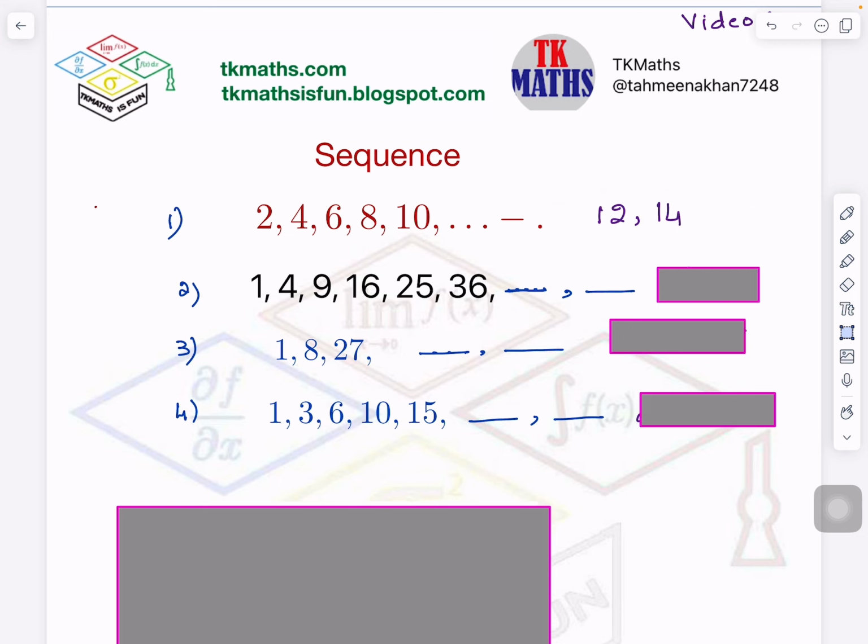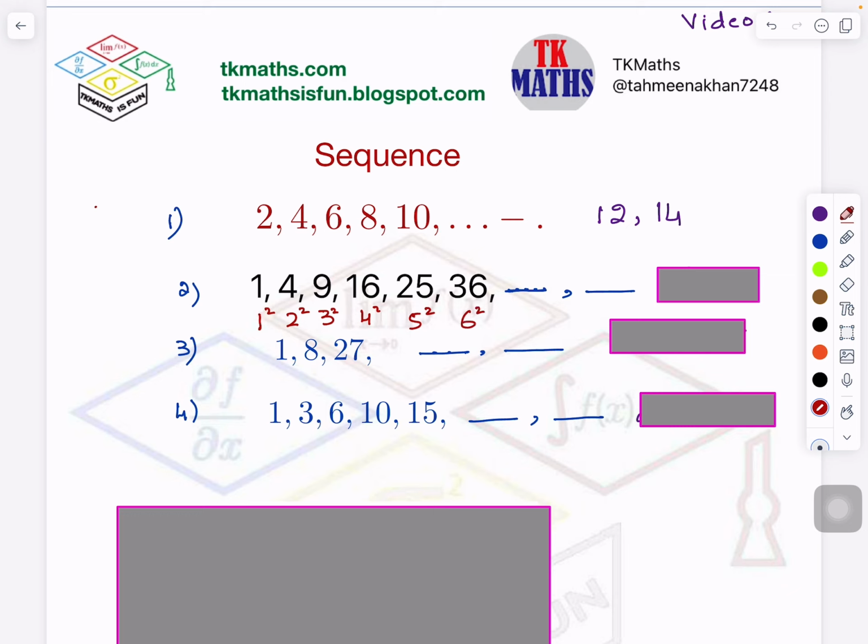Now what is happening in number 2? Can you identify what is happening here? Okay, so some of you got it. This is brilliant. So we are squaring here. 1 square is 1. 2 square is 4. 3 square is 9. 4 square is 16. 5 square is 25. 6 square is 36.